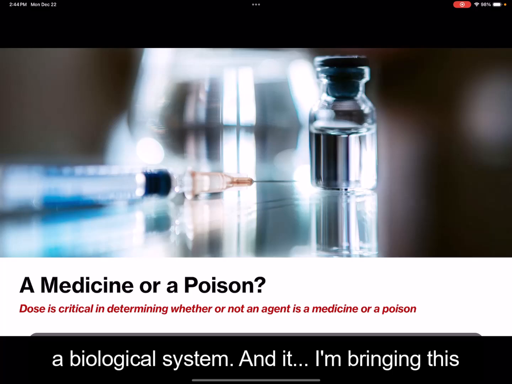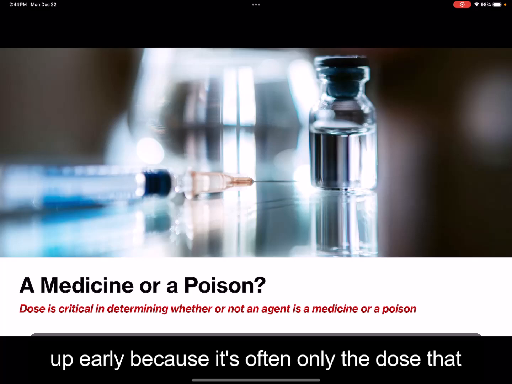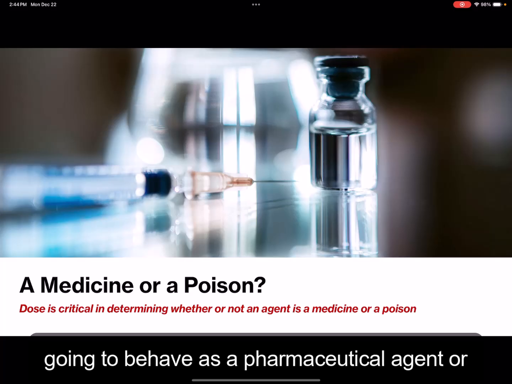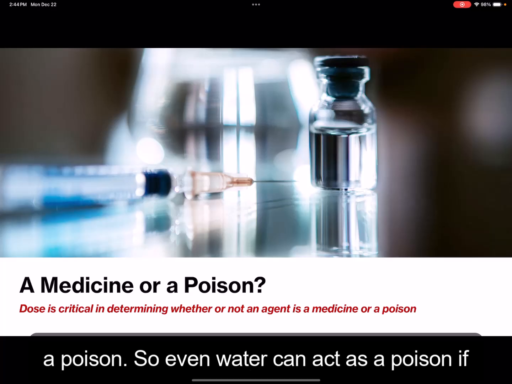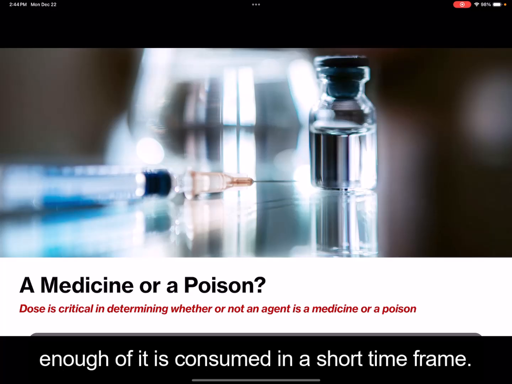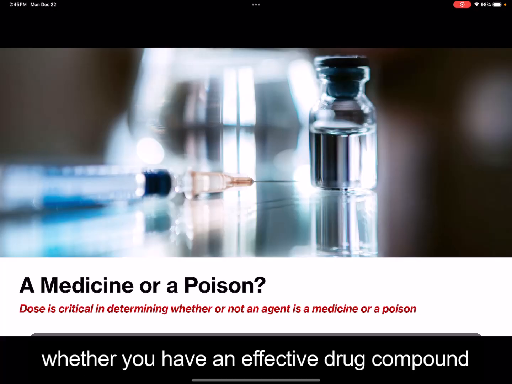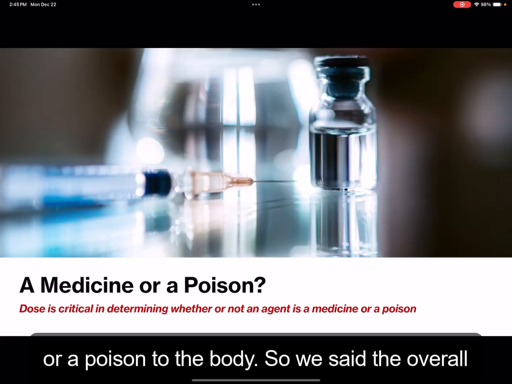And I'm bringing this up early because it's often only the dose that determines whether a chemical compound is going to behave as a pharmaceutical agent or a poison. So even water can act as a poison if enough of it is consumed in a short time frame. Right? So dose really is going to determine whether you have an effective drug compound or a poison to the body.